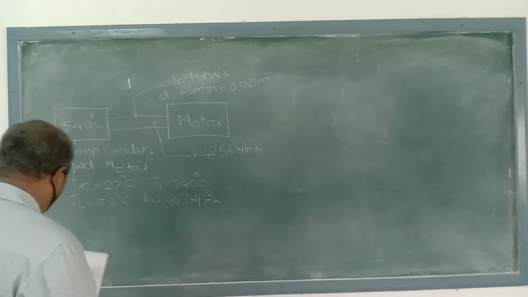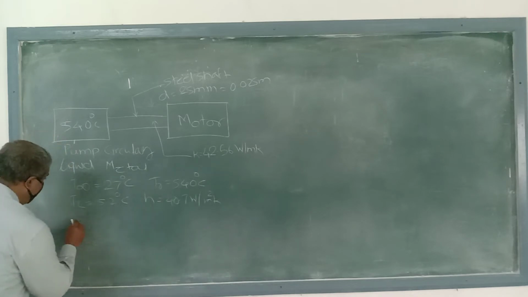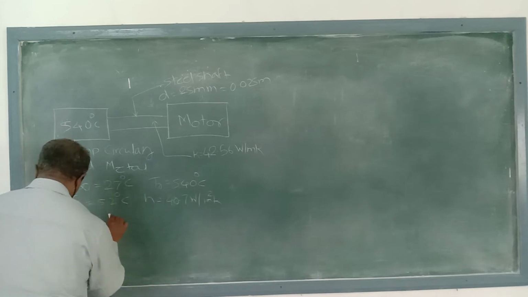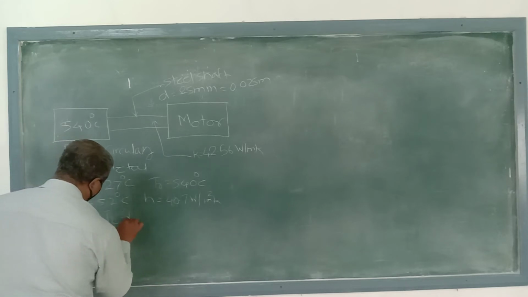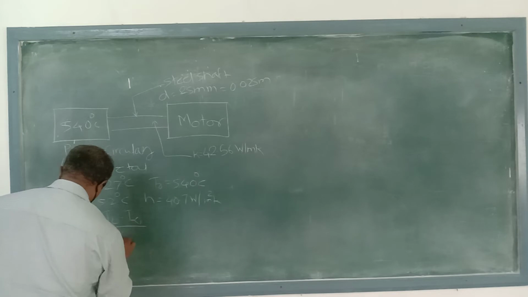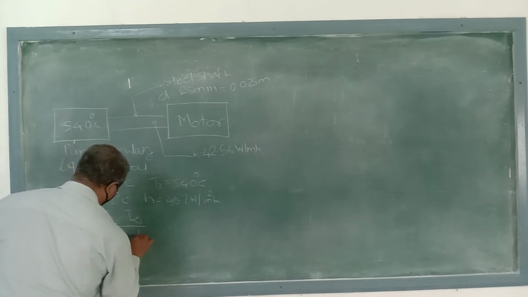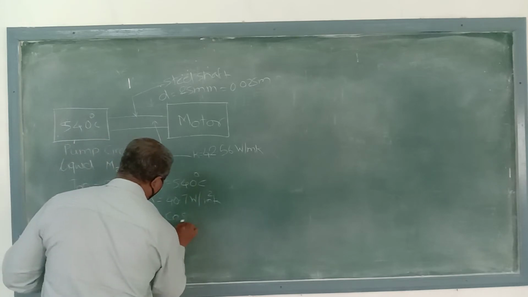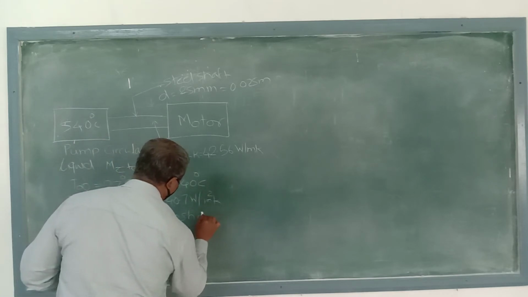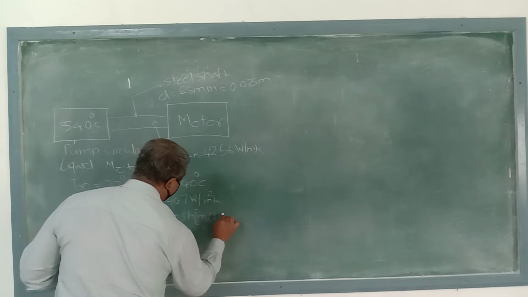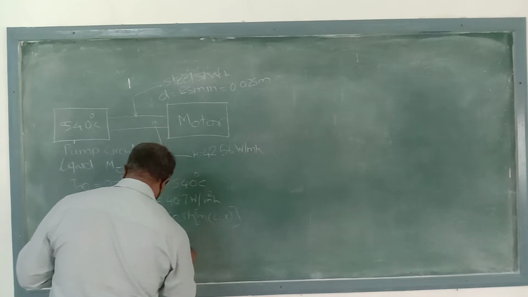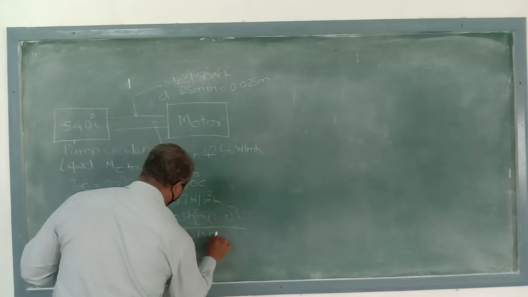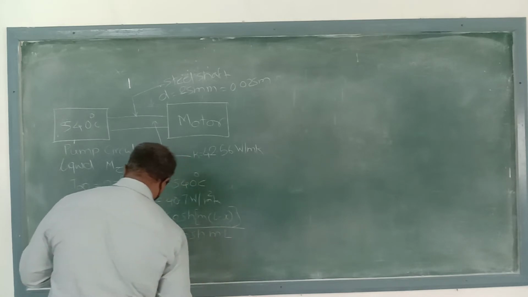Okay, so we are writing our temperature distribution formula: theta L by theta 0, which is equal to (TL minus T infinity) upon (T0 minus T infinity), which is equal to cos hyperbolic of m into (L minus x) upon cos hyperbolic of mL.